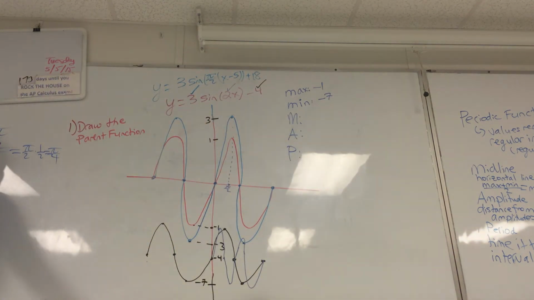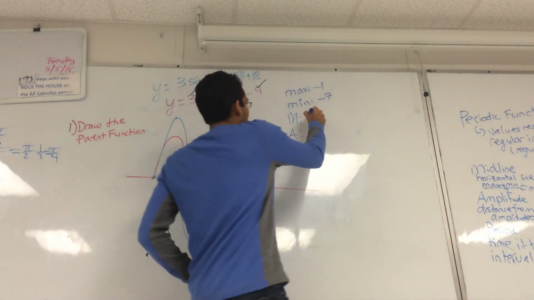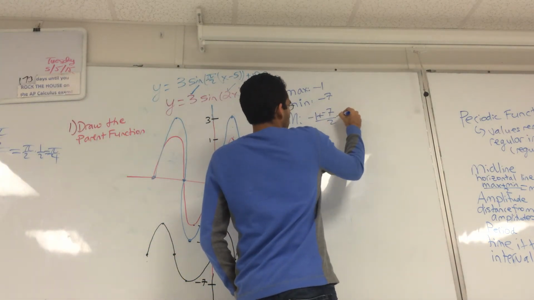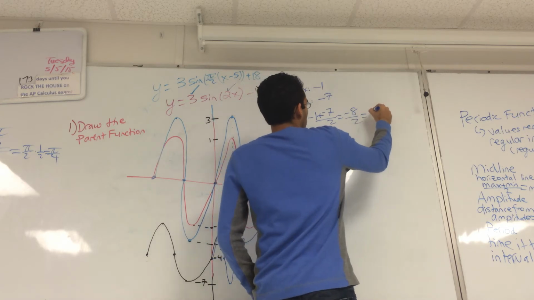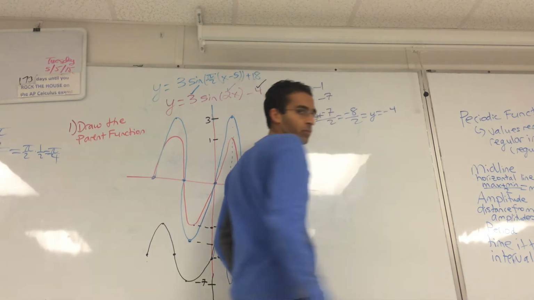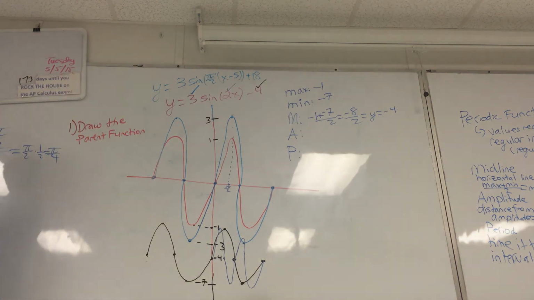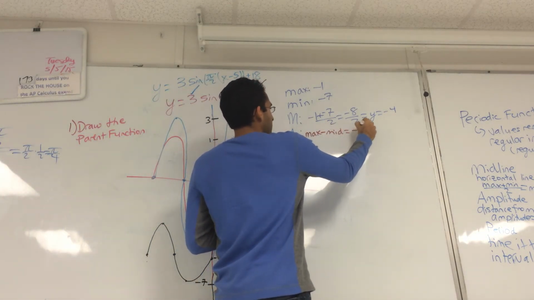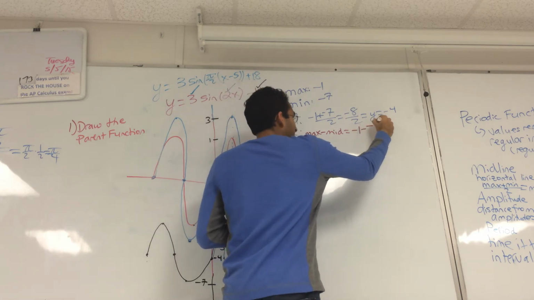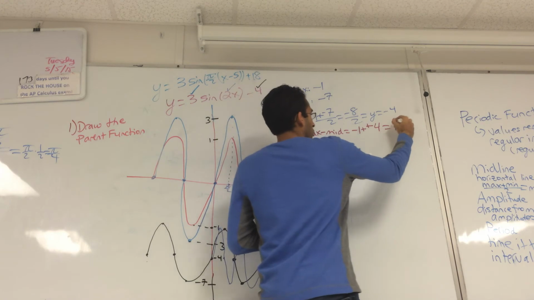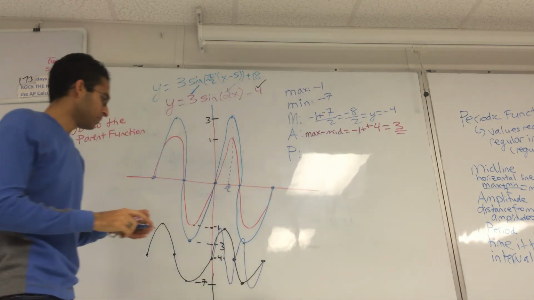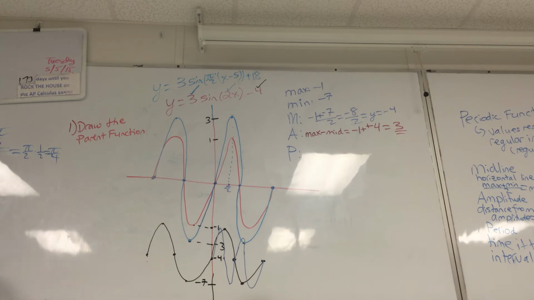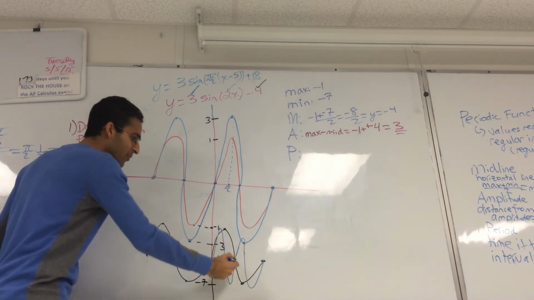Now we know the formula to find midline, amplitude, and period. Let's go through it. We know midline. Amplitude is max minus mid. The max is -1 minus -4, 3. And the period, how long does it take to complete a cycle? Pi, up, down, up.